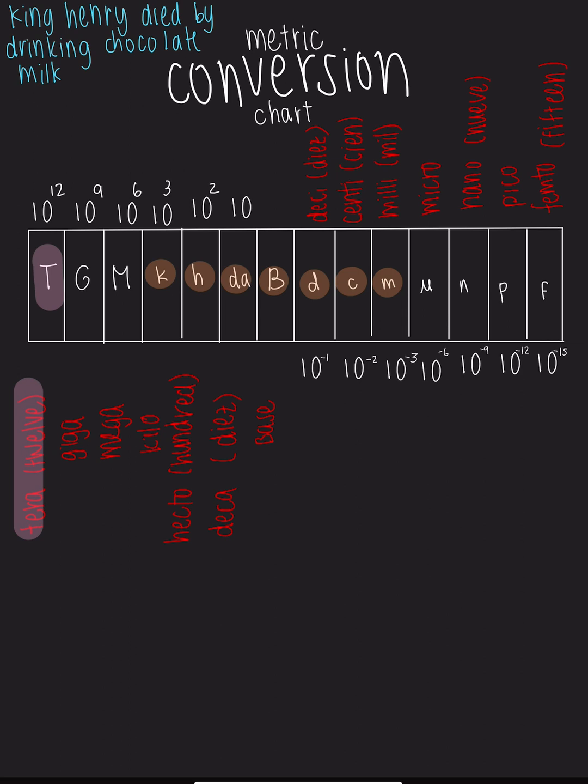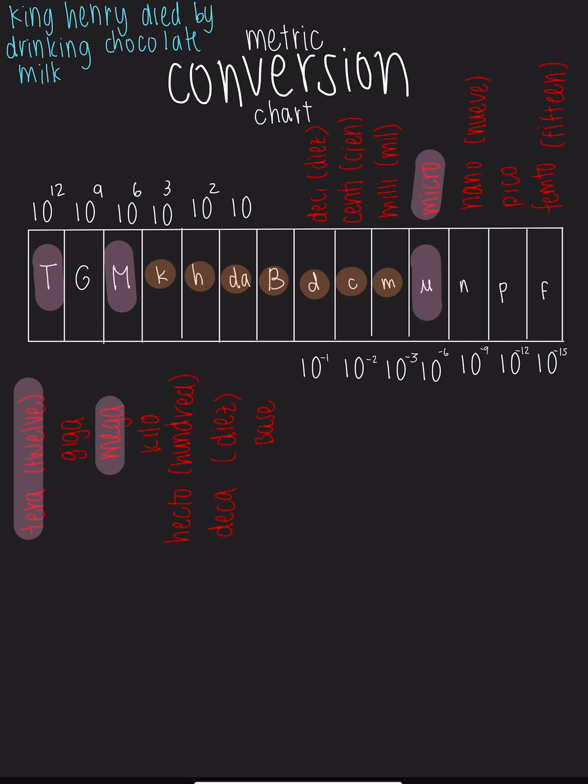For giga, for example, you can say grande and then mediano, but that would not really help you remember why giga is 9 or mega is 6. But if you know that mega is 6, you also know that micro is 6, but in the negative, because both of them begin with M, mega and micro. That's how I remember that one.